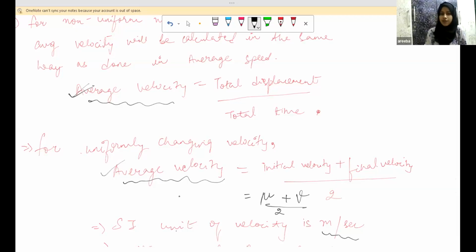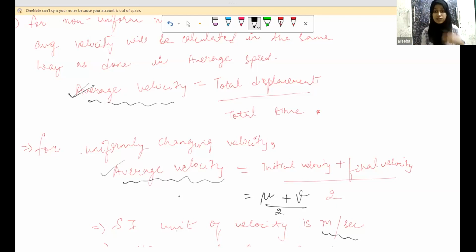Yes. So initial velocity is the one which the body was having initially, starting, right? Whereas the final velocity is the one the body has acquired finally. Suppose the body was moving with 20 kilometer per hour and then it changed its speed to 30 kilometer per hour. So the final velocity is 30 kilometer per hour and the initial velocity, the starting velocity, was 20 kilometer per hour. Okay.